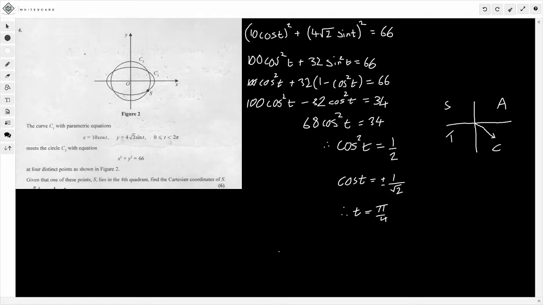So therefore, x is going to be equal to 10 lots of cos pi over 4. So what that's actually going to be is x is equal to, write down fully, 10 cos pi over 4, which is going to be equal to 10 lots of 1 over root 2.